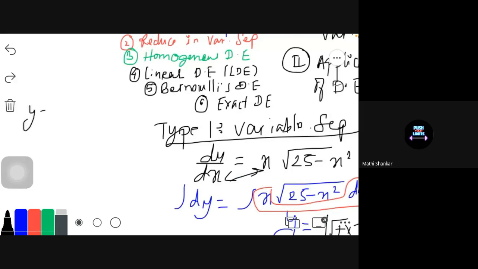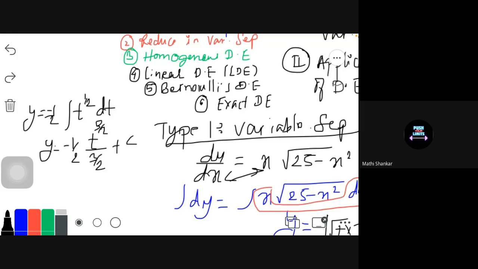So you'll get y is equal to minus 1 by 2 times integration of root t. Root t can be written as t raised to 1 by 2 dt. So integration of this will be y is equal to minus 1 by 2, t raised to 1 by 2 plus 1 upon 1 by 2 plus 1. So that will be 3 by 2 upon 3 by 2, plus c. So this 2 and this 2 get cancelled.